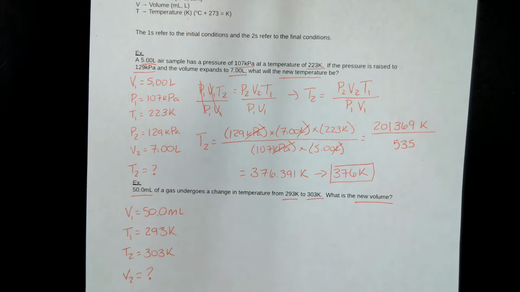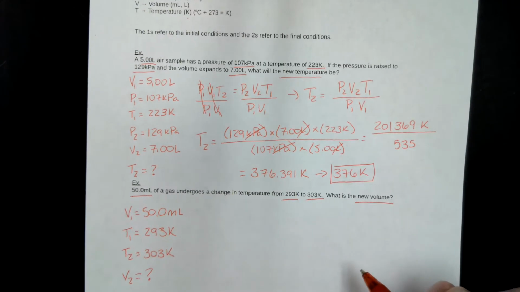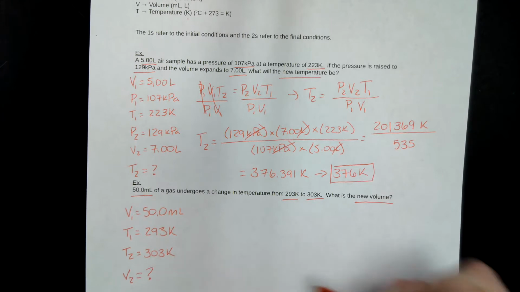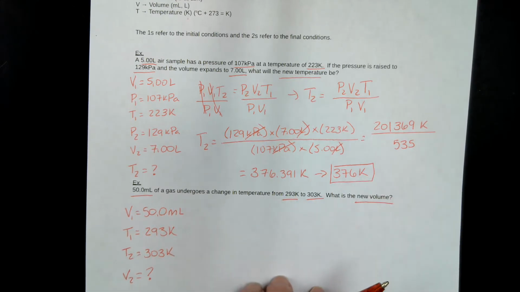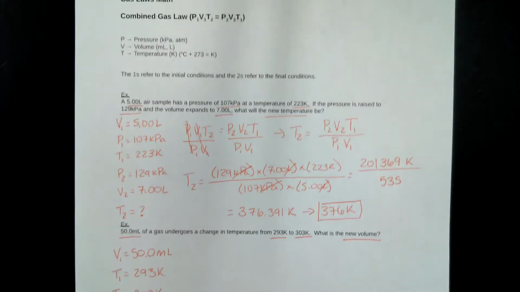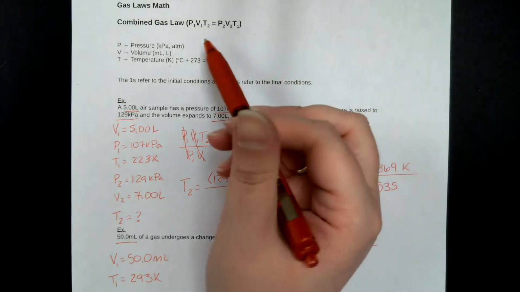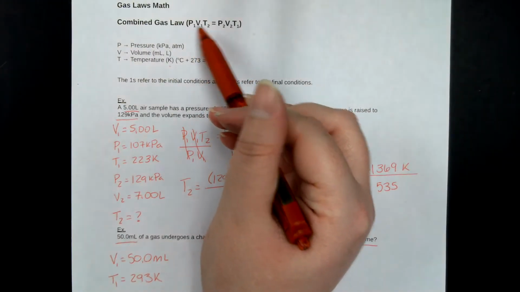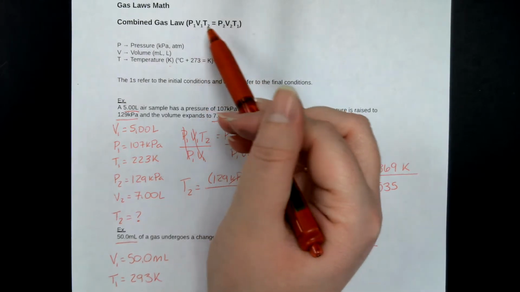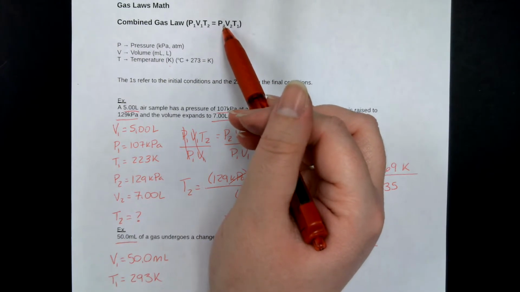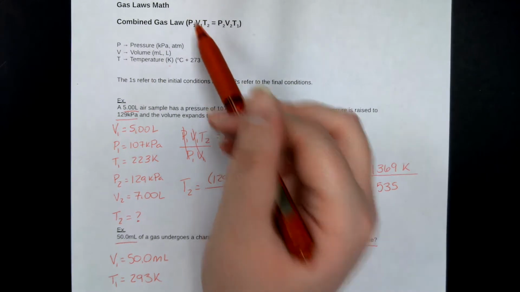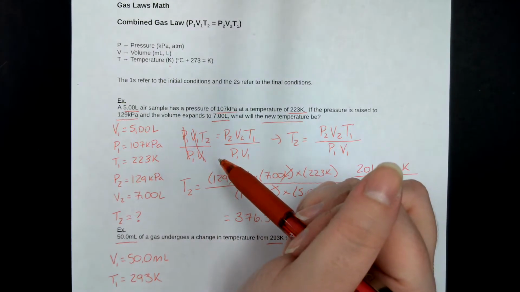Now here, we are not told anything about pressure. So we can assume that pressure is being held constant if we are not told anything about it. But that is okay, because one of the beautiful things about the combined gas law is if you don't have anything to plug in for one of these variables, you can completely remove it from the equation.